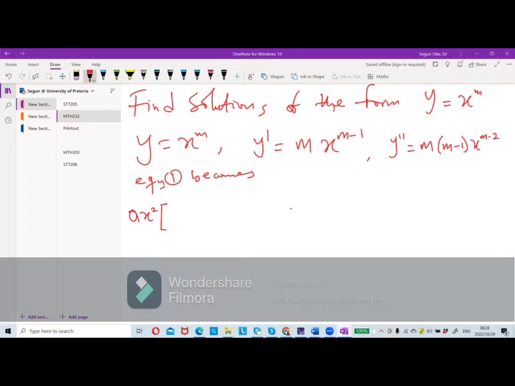What is y prime prime? m into m minus 1, s raised to power m minus 2, close the bracket, plus b s of y prime, m s raised to power m minus 1. Are you getting it now? Yes, sir.